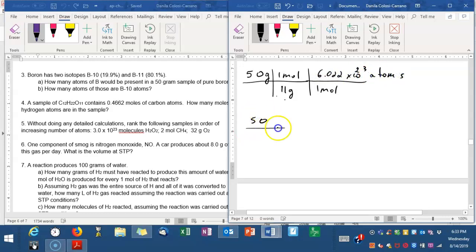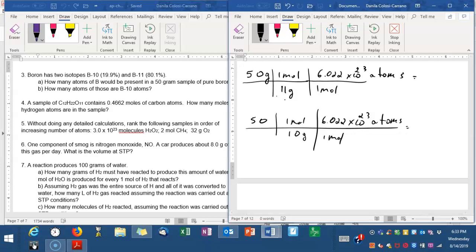You redo exactly the same calculation for the other isotope. So 50 divided by 11 times 6.022 E23, there should be a 2.7 E20.